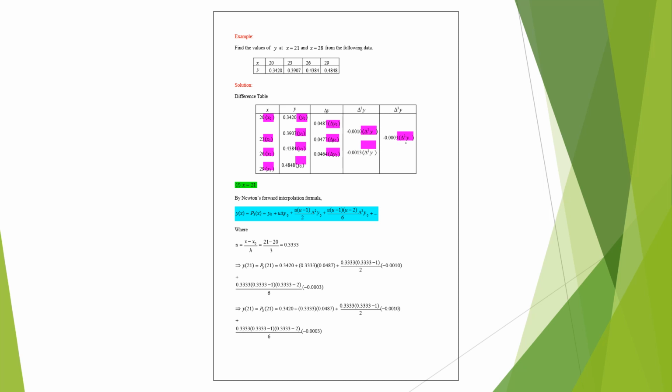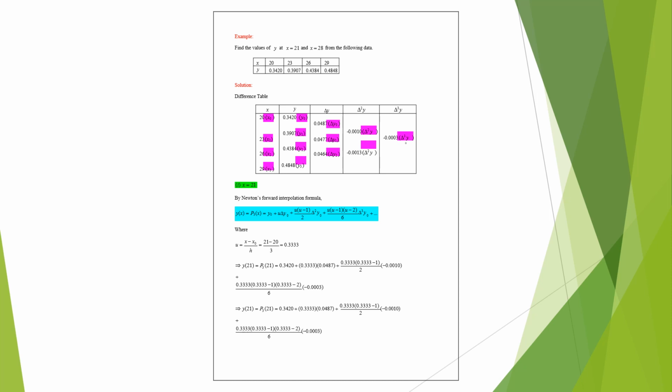So when x equals 21, what is f of 21? The method of determining f of 21, finding the values of y for given values of x, is known as interpolation. Here, x is also known as the argument, and y is also known as the entry.